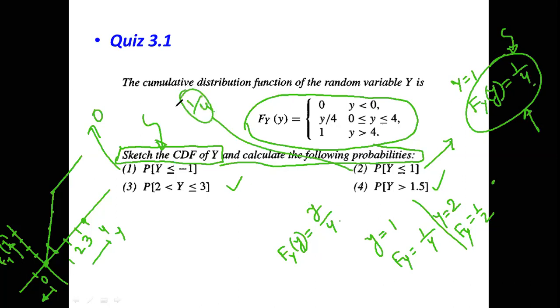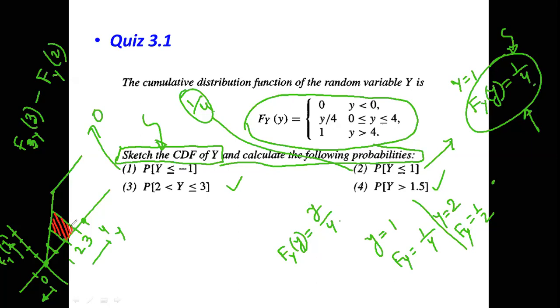What about number 3? The probability between 2 and 3. That should be the CDF at 3 minus the CDF at 2, isn't it? Yes, sir.